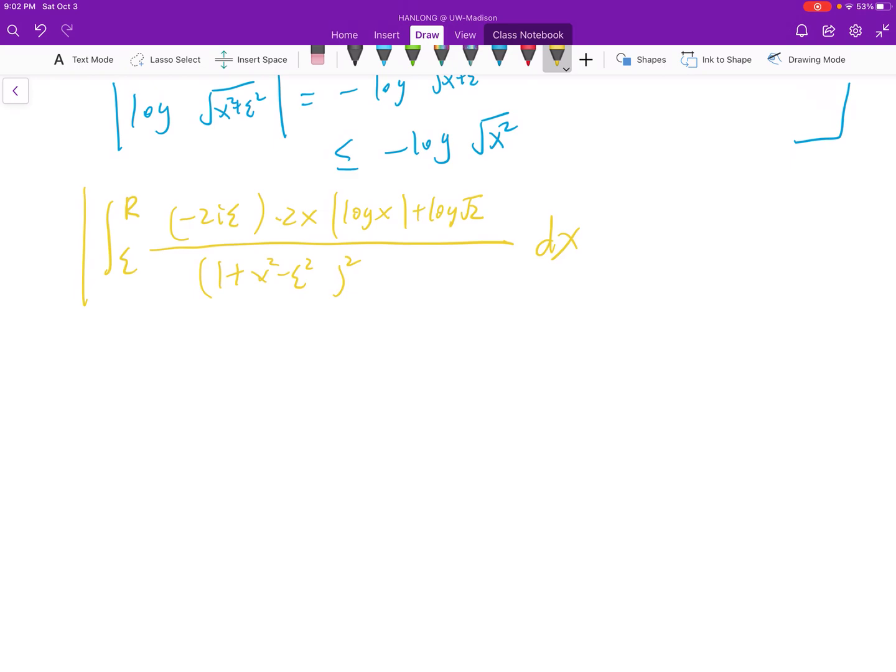Then we separate these two terms, log x and log 2.